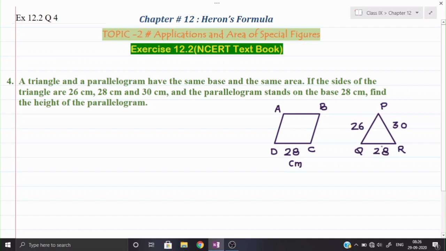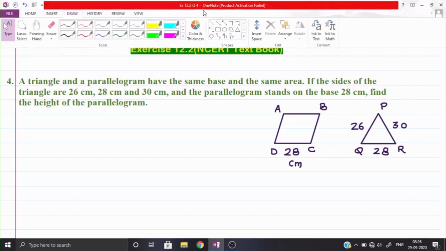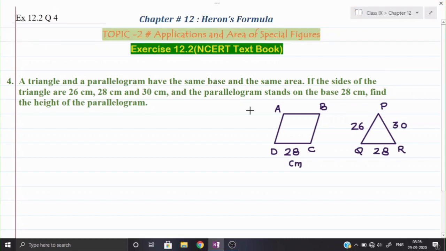Now we need to find the height of the parallelogram. Suppose I draw the perpendicular from vertex A to the base CD. This perpendicular we can name AM, and it is called the height of the parallelogram. This height we need to find in the question.